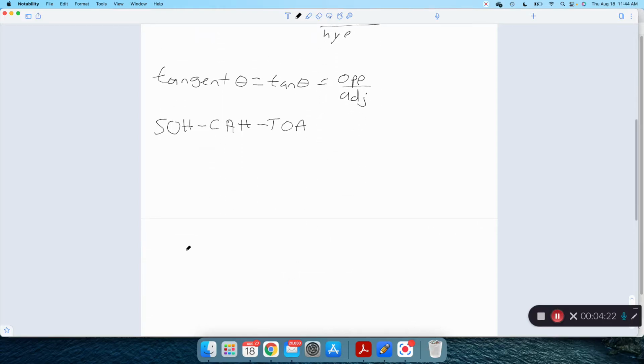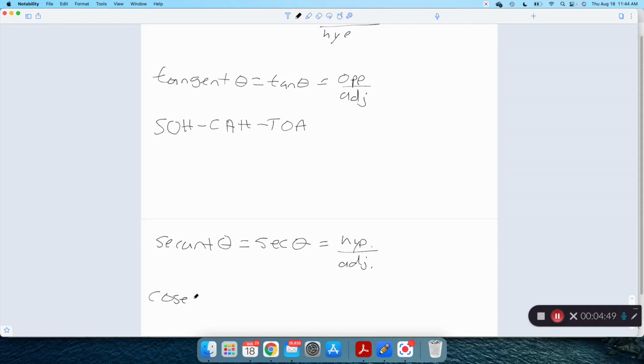Okay, then we also have what we call our reciprocal trigonometric functions. We have secant of some angle theta, which we abbreviate sec of theta, and that is the length of the hypotenuse divided by the length of the adjacent side.